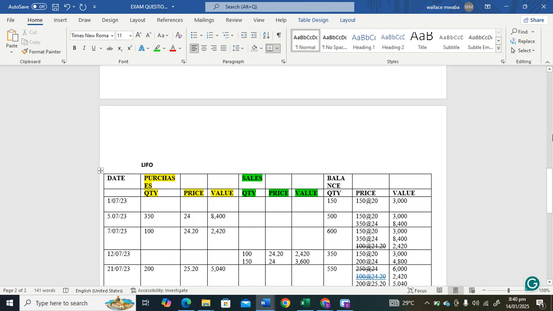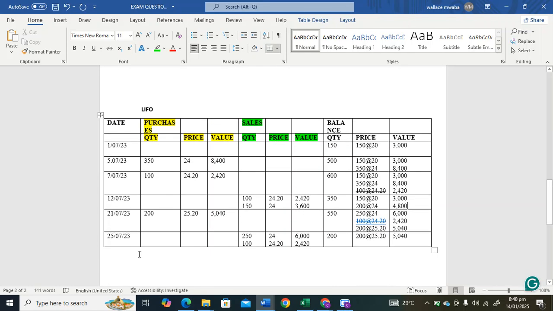Okay, the next transaction, we purchased 200 goods valued at 25 kwacha 20, value 5,040. So we come here.